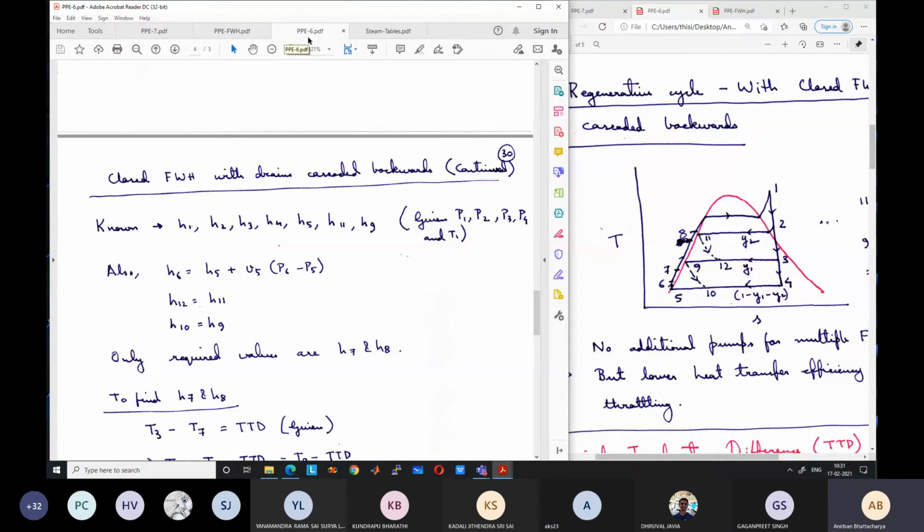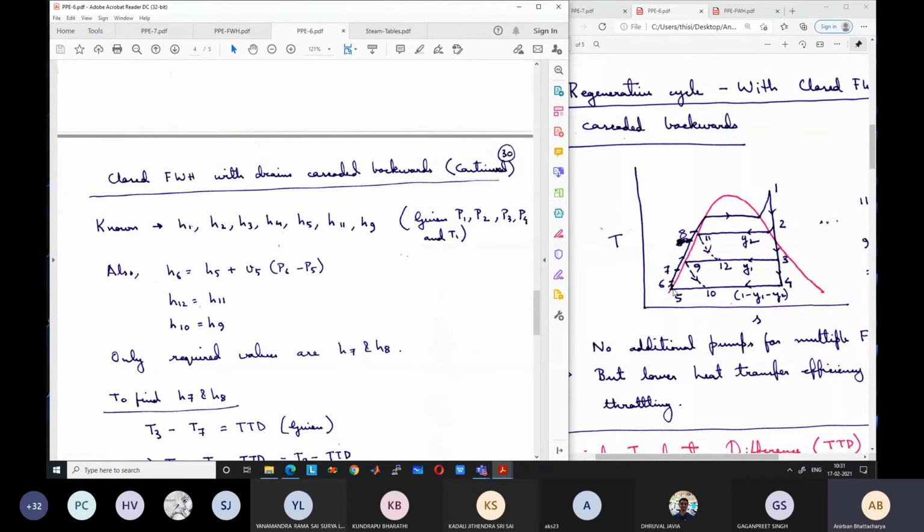Yes. Okay. So H1, H2, H3 we know. Similarly, H4 you will also find based on pressure and entropy. So what about H5? Do we know H5? We know temperature, or even the pressure. Pressure is better.